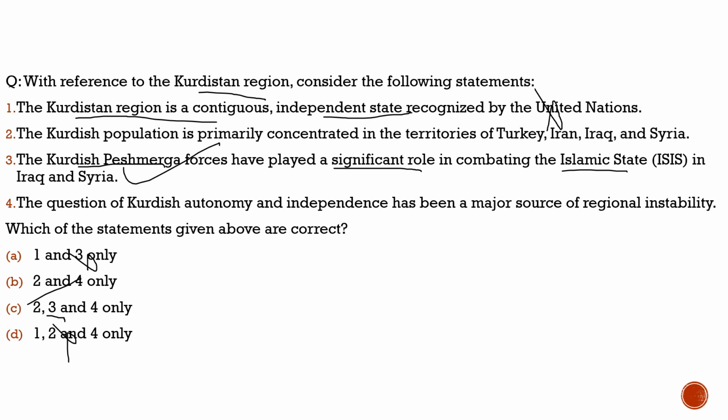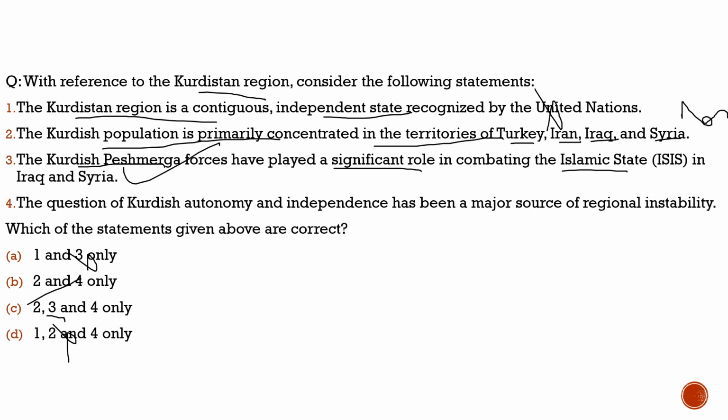But for information's sake, let's have a look at statement 2 also. Statement 2 says the Kurdish population is primarily concentrated in the territories of Turkey, Iran, Iraq, Syria. 100% correct. These are the countries, also including Armenia, which contain the population of the Kurdish people.